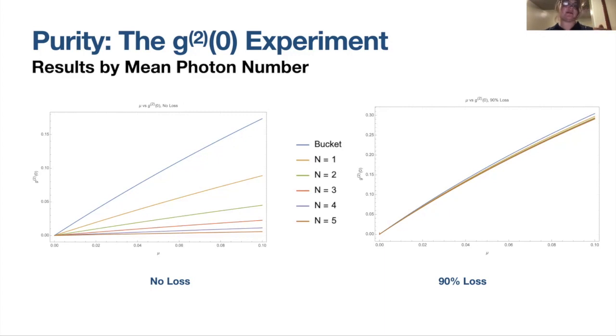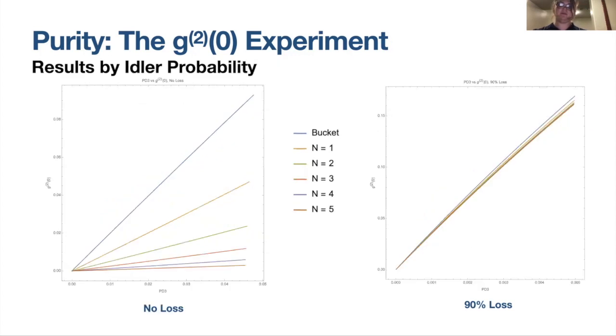And you can see that there's a clear difference between the bucket type and the photon number resolving detectors as they get closer and closer to 0 as n gets larger. However, when there's high losses, this is not the case. And unfortunately, there's not much of a difference in purity whether or not we use a bucket type detector or a photon number resolving detector.